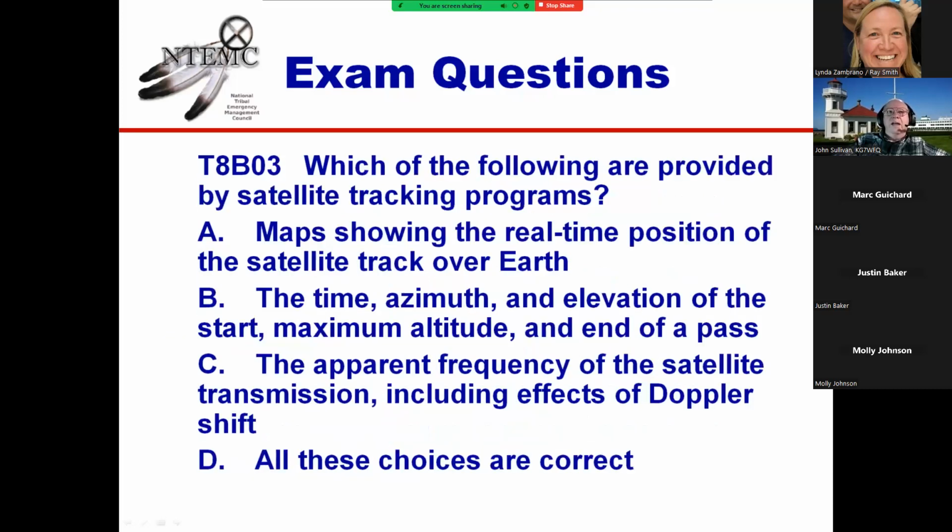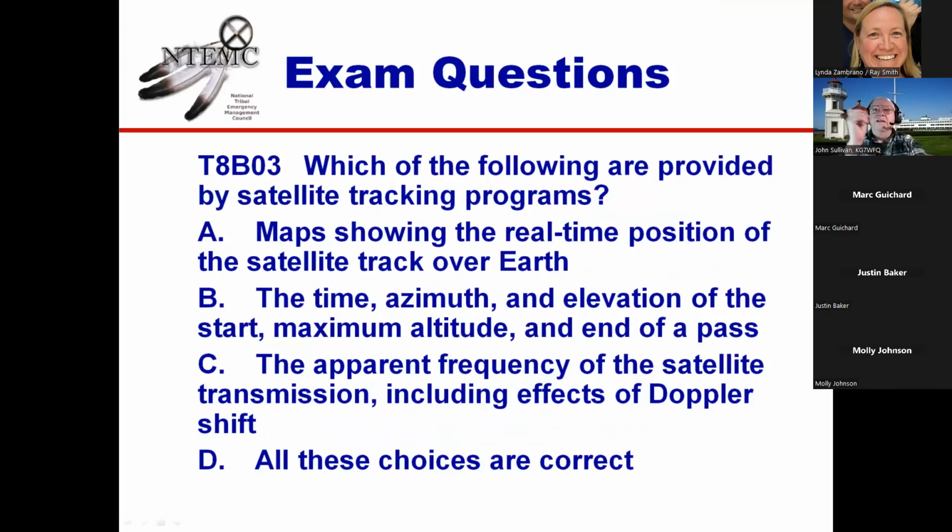Which of the following are provided by satellite tracking programs? So we really didn't get into much of that. That illustration showed it a little bit. Maps showing the real-time position of the satellite track over the Earth. Obviously, that would be important if you're tracking a satellite. The time, azimuth, and elevation of the start, maximum altitude, and end of a pass.